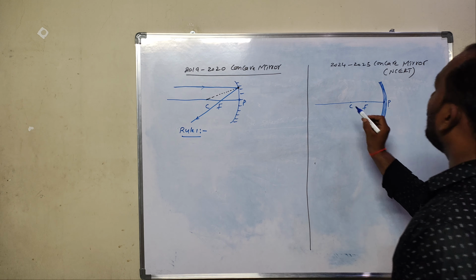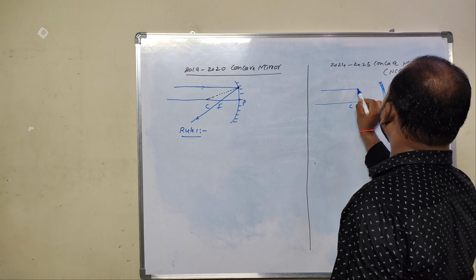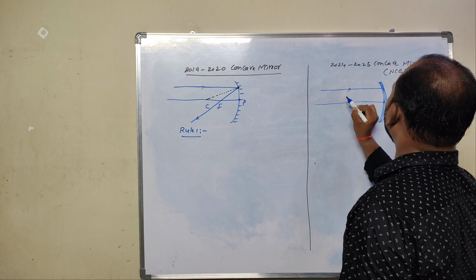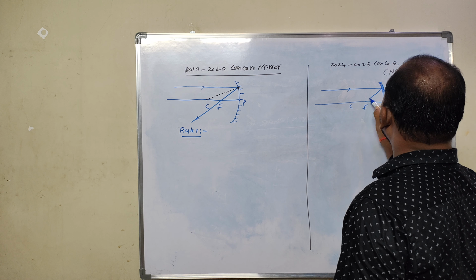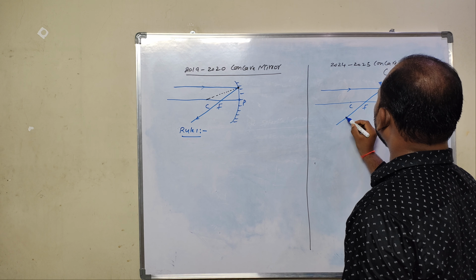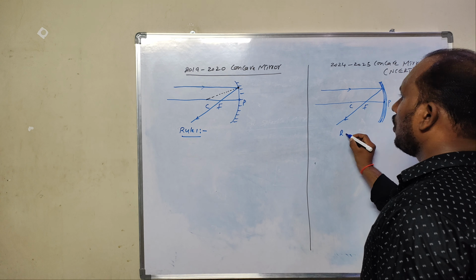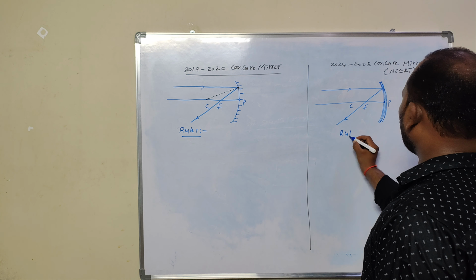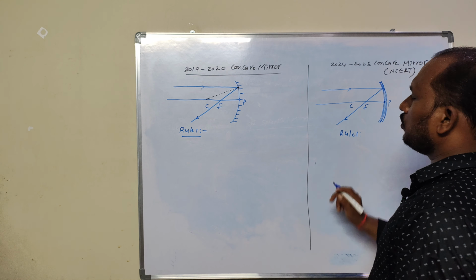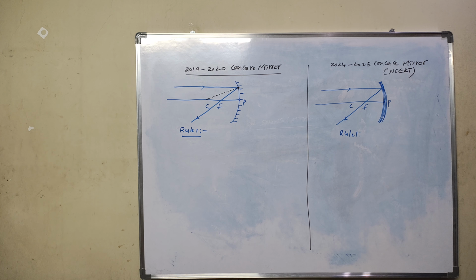Once again, a ray which is parallel to principal axis passes through focus. So there is no change in rule one; we don't find much difference. Next, let's see rule two.